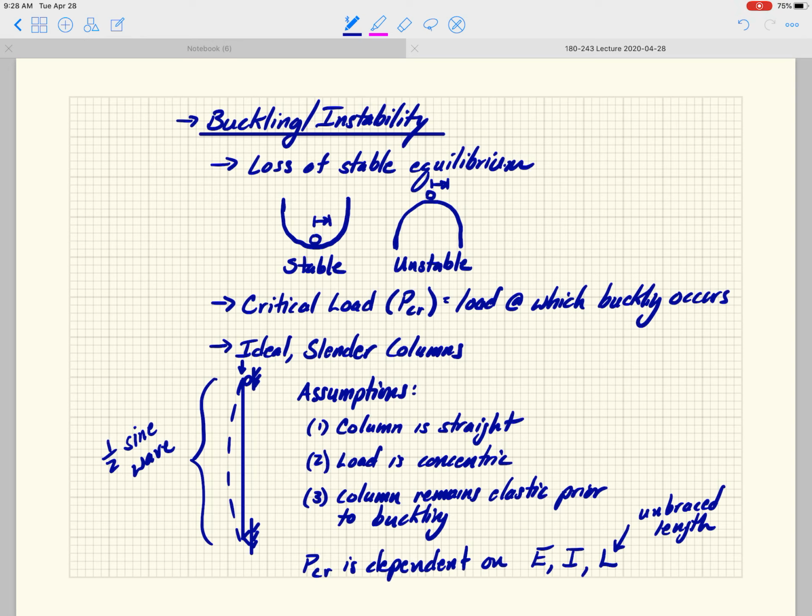A couple of things as an aside. So this term here, slender, maybe I'll do it in red to highlight this.